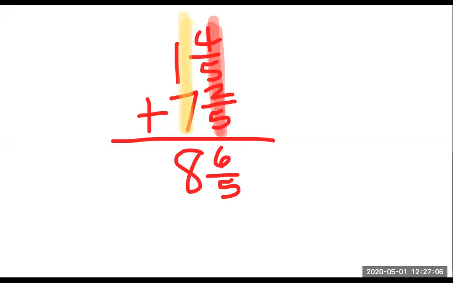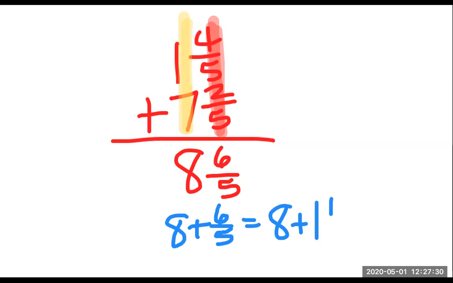Now, again, we've got to stop and think. Does this answer make sense? Is it simplest form? You probably have noticed that 6/5 is a fraction that could be rewritten as a mixed number. So this is the same now as saying we have 8 6/5. And instead of 6/5, we could call it 1 1/5, right?